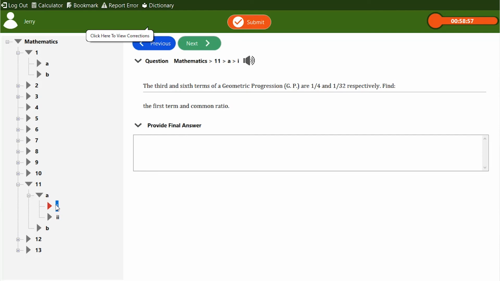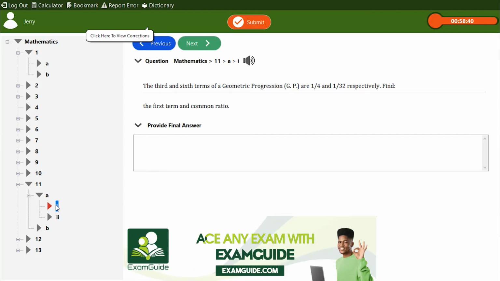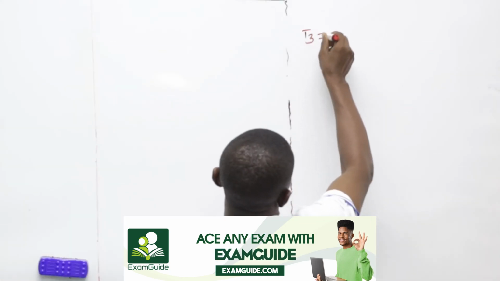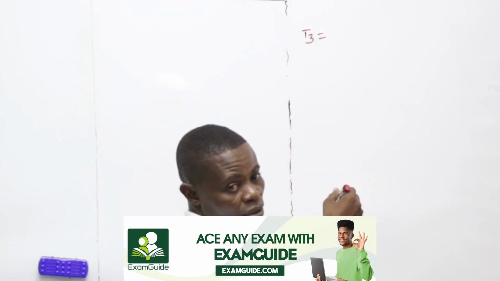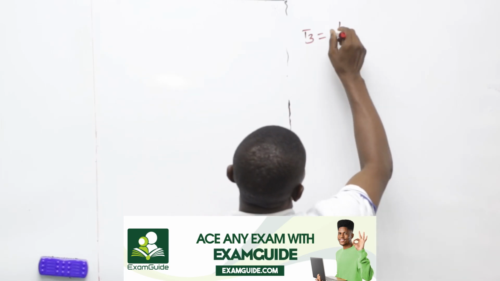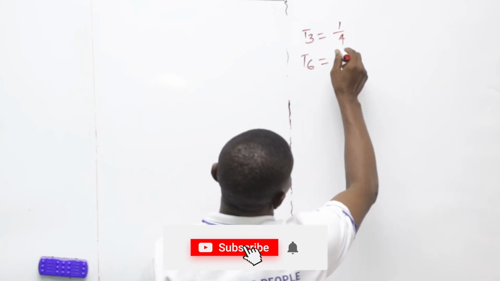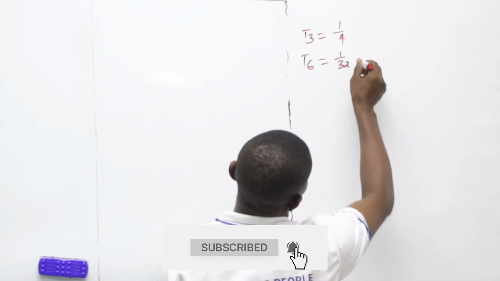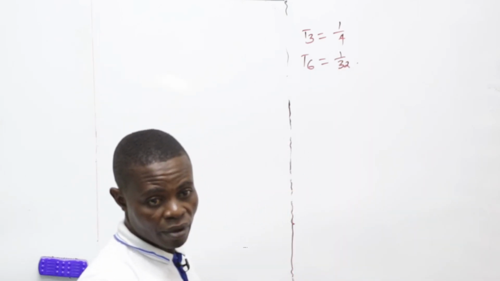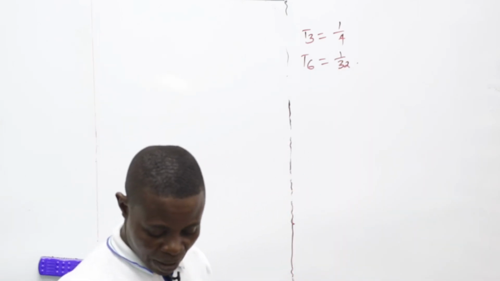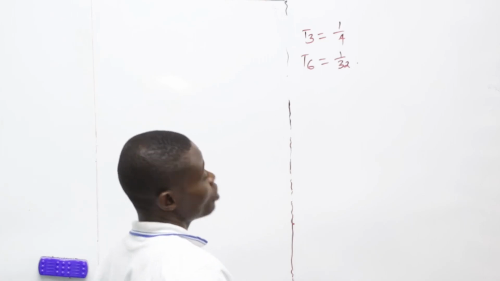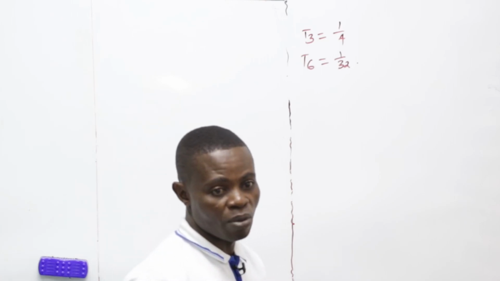The third and the sixth, that is T3, equals 1 over 4 and T6 equals 1 over 32. We're interested in the first and the common ratio.